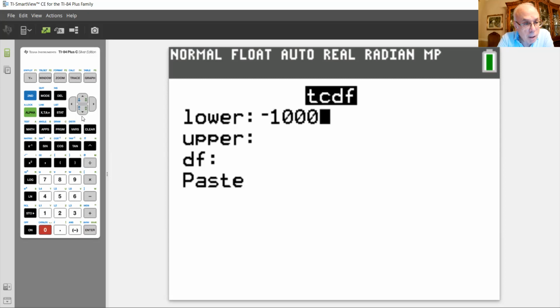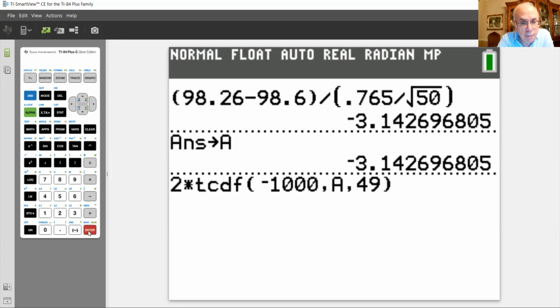Now, the t statistic is in alpha A, so I'm just going to put alpha A here. And what is the degrees of freedom? Well, the sample size is 50. The degrees of freedom is 50 minus 1, which is 49. Scroll down, hit enter.